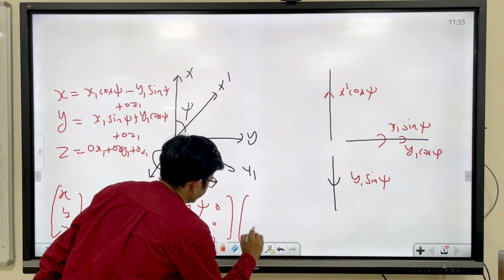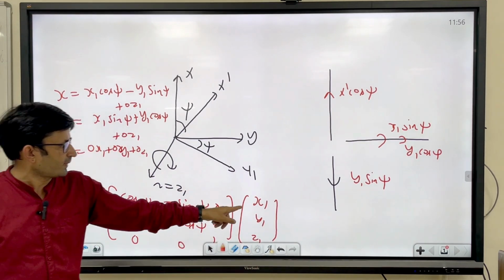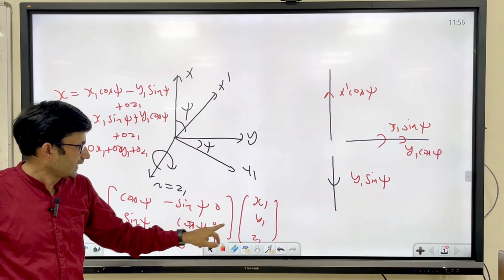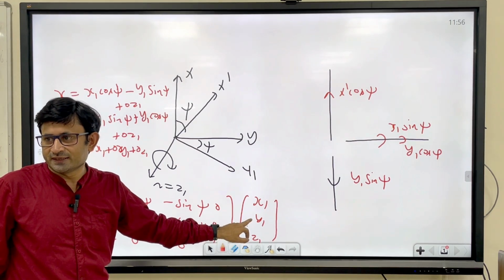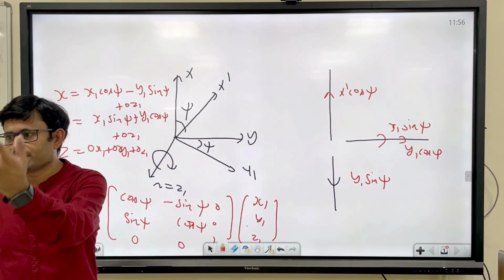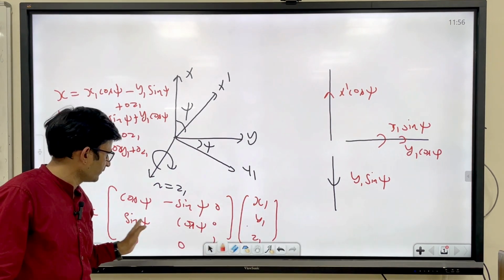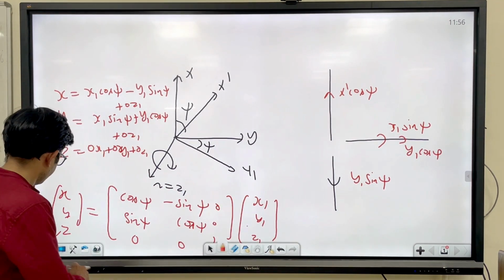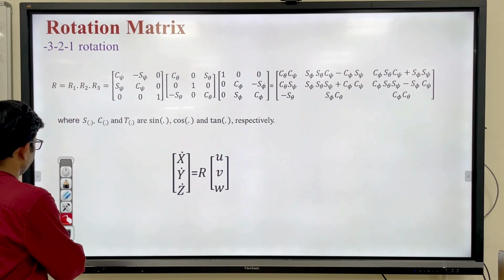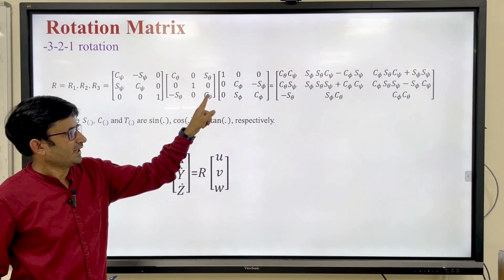What will you write here? x1 y1 z1, and when you go from x1 y1 z1 to x2 y2 z2, you put the expression and you get the theta matrix. Then finally when you go from x2 y2 z2 to the final body axis, you write the phi matrix. So if you multiply, you will get it like this, right? So this is the first rotation, second rotation, and third rotation.